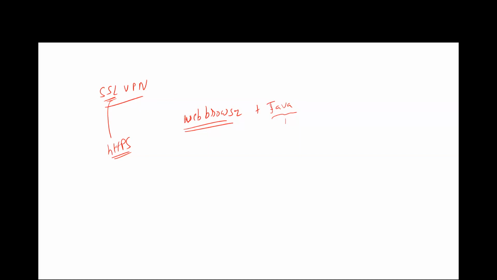You don't manually do it; your SSL VPN will automatically do that. It will encrypt everything using Java and then forward it to your firewall. Now the firewall will do the decryption part, understand what exactly your request is, and then send it to the respective client in the local network.